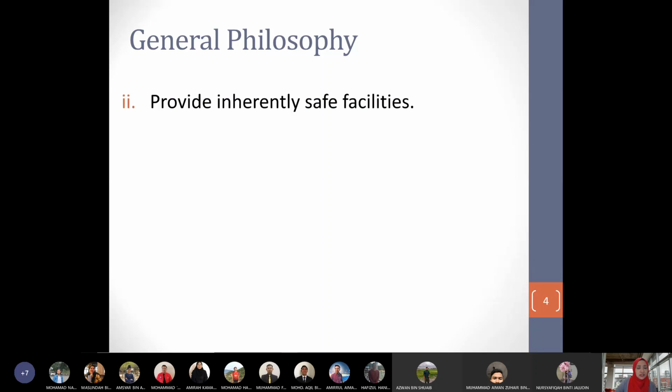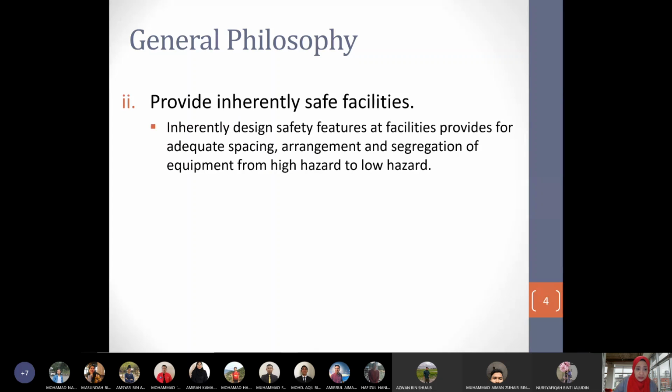Now, the second objective is to provide inherently safe facilities. So employers have to make sure that the design safety features at the facilities provide adequate spacing, so you have enough spacing between structures or between buildings in a plot of land, for example. And the arrangement as well as segregation of equipment from high hazard to low hazard has to be done.